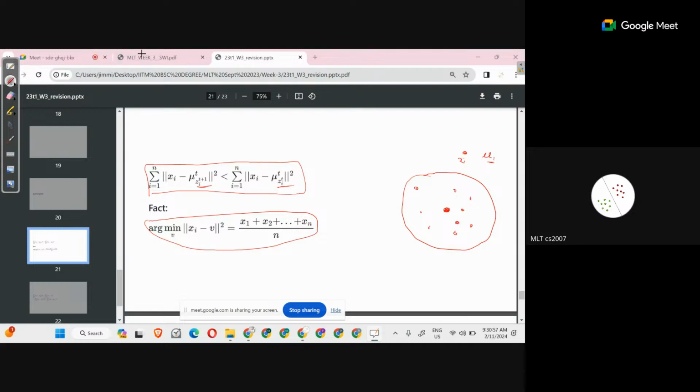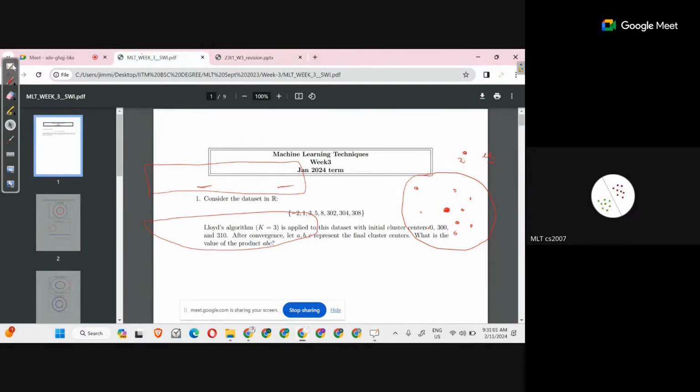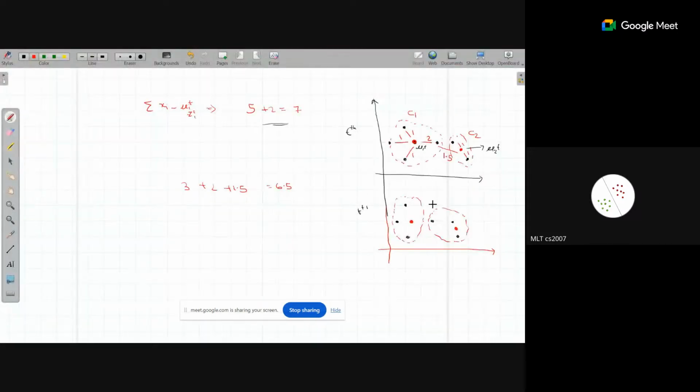For example, let's take this case only. If we take any point in this circle, somewhere here, then obviously the sum of the distance will be higher.